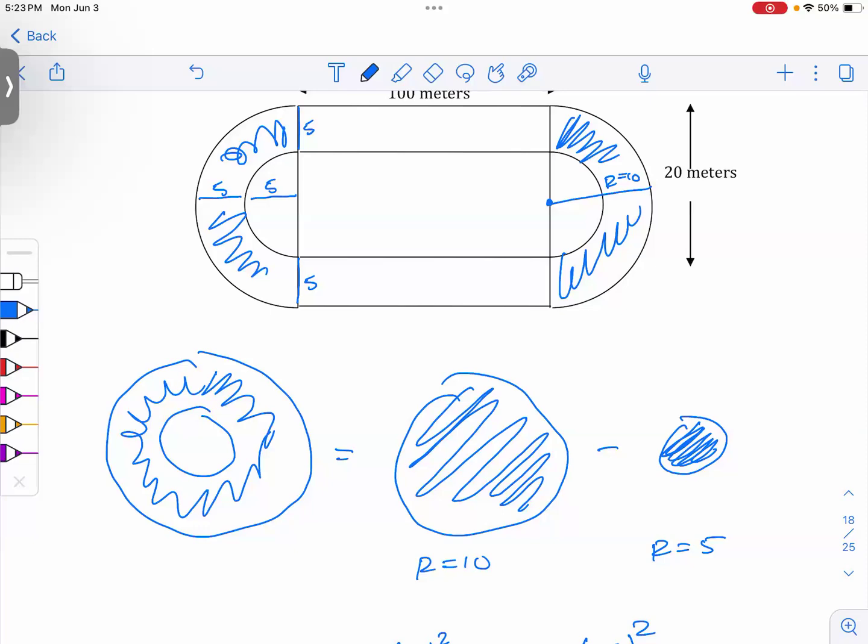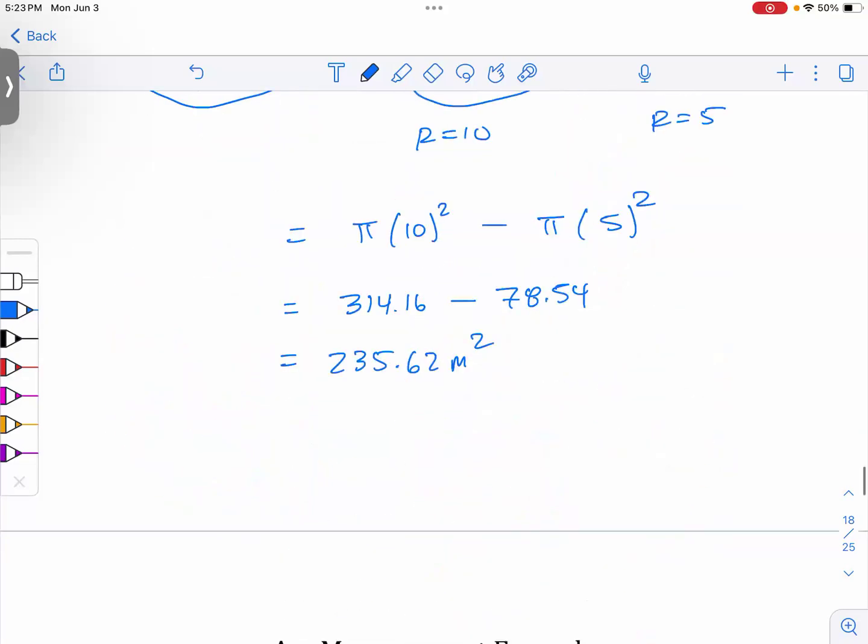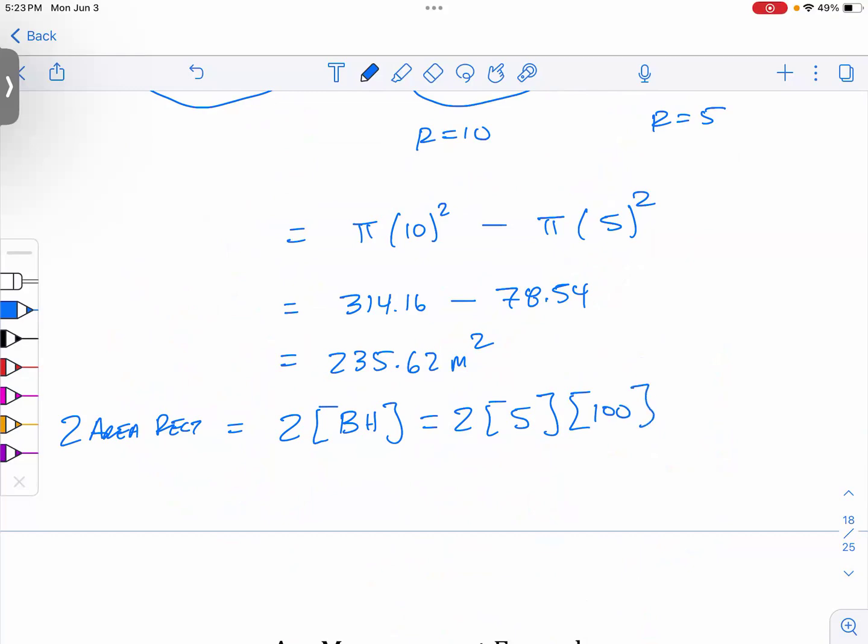And then the other shaded regions are rectangles, and that's actually even easier because the rectangle area, and we have two of those, so we're going to multiply by 2. It's base times height, where the base is 5 and the height is 100, or vice versa. It doesn't really matter what you call it, which is 500, which is 1,000 meters squared.